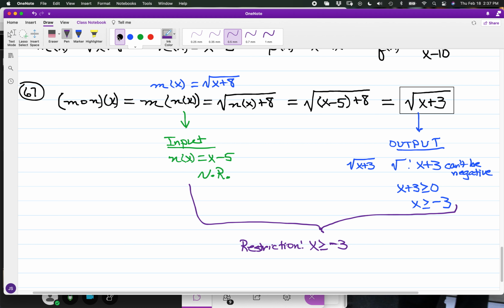So the domain of this composition is not the set of all real numbers. Instead, it's those values of x greater than or equal to negative 3. For the interval notation, we start from and include negative 3, in a bracket thanks to the equal sign, going up and out toward positive infinity.